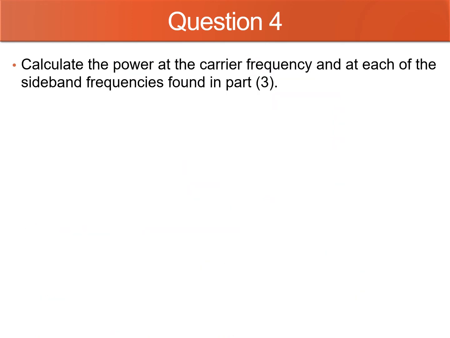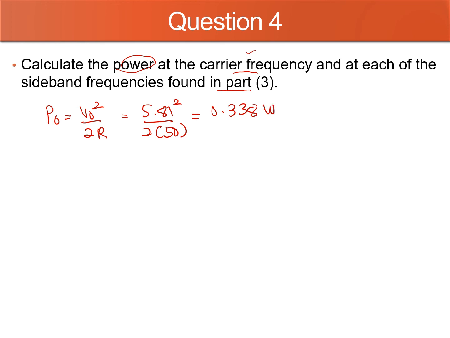Next, calculate the power at the carrier frequency and at each of the sideband frequencies found in part 3, meaning that we need to calculate the power for the carrier and the first 3 sets. So P0 is equal to V0 squared over 2R, so 5.81 squared over 2 times 50 equals 0.338 watt.